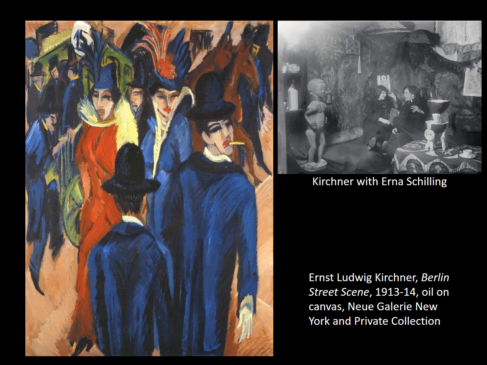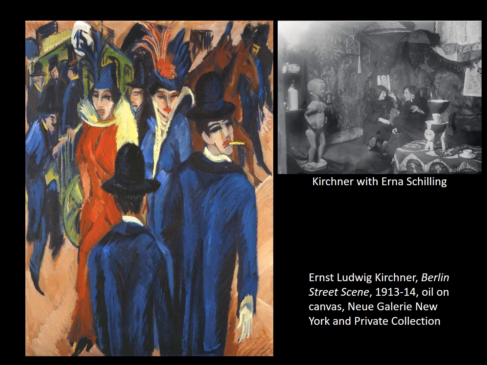Now, as we saw with the last two works of art, Kirchner is also drawing models with whom he is intimately familiar. Now, by the time he moves to Berlin, his models here are a woman named Erna Schilling and his sister, whose name was Gerda.